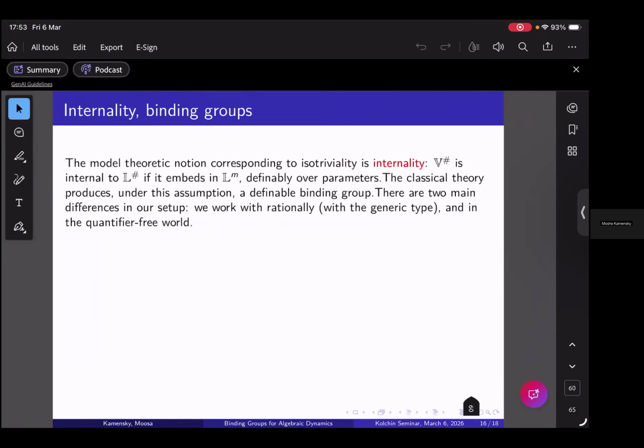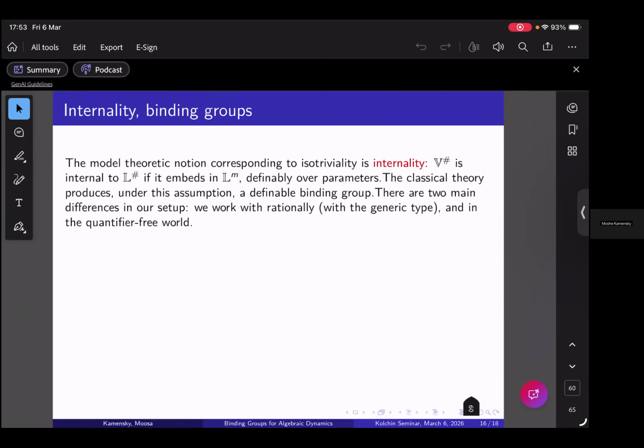But the complications come from, well, two sources. One is that, as I said, there's no quantifier elimination, and so the group that is provided by model theory is first of all not the correct one, and second, it's not algebraic.